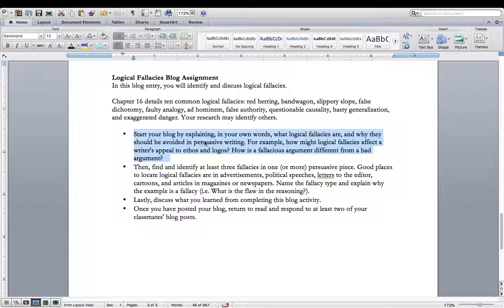It says, start by explaining in your own words what logical fallacies are, why you want to avoid them, and persuasive. When you see the word persuasive, just think argumentative, because when we argue, we are trying to persuade. For example, how might logical fallacies affect a writer's appeal to ethos and logos? And how is a fallacious argument different from a bad argument?